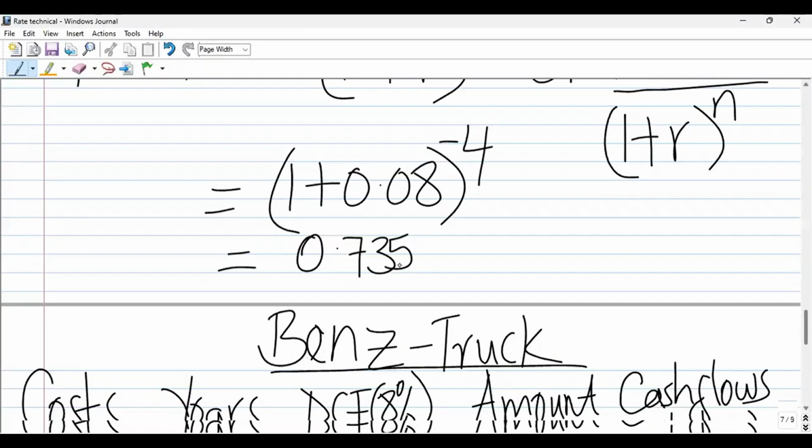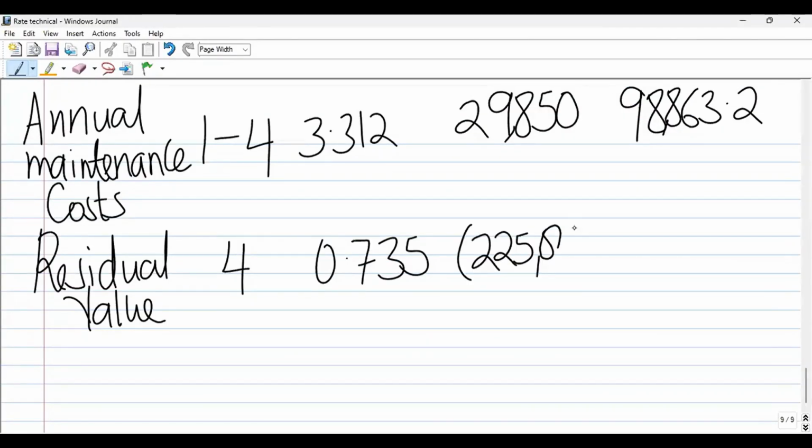So this one is always put in brackets, 225,000. So the cash flow is negative 165,375.